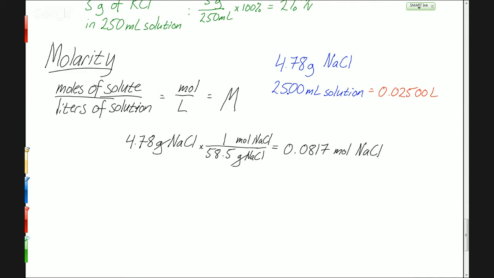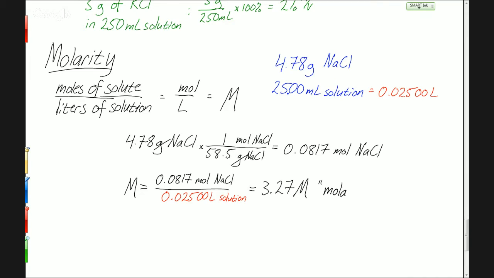All right, so now we've got moles and we've got liters, so we can get molarity. So the molarity is the moles, 0.0817 moles of solute, NaCl, divided by the liters of solution, which is 0.02500 liters. And we get 3.27 M, which we call molar.